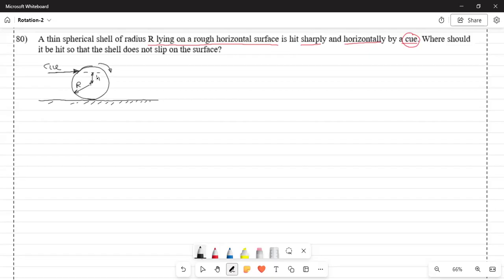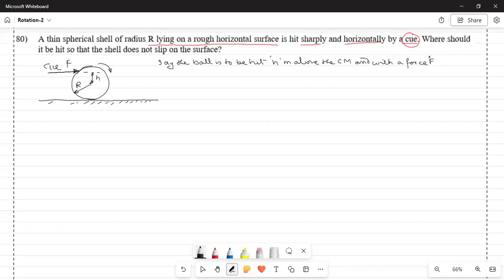And say it is hit by a force F. So we write this way, say the ball is to be hit h meter above the center of mass and with a force F. Of course, force F we don't have to find out.